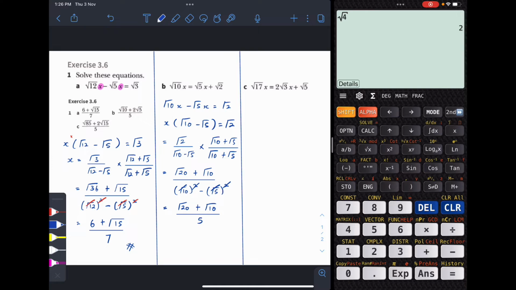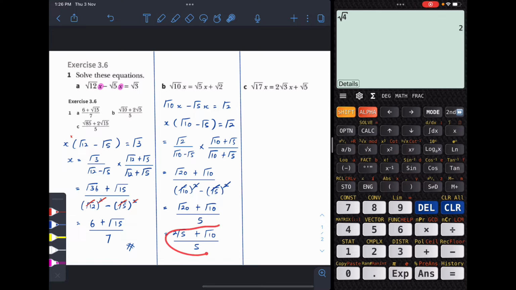The goal here is that one of the numbers we can square root. So square root of 4 is 2, and we're going to leave the square root of 5 side by side to it. We will then get 2 root 5 plus root 10 over 5. And you see, you got an answer.